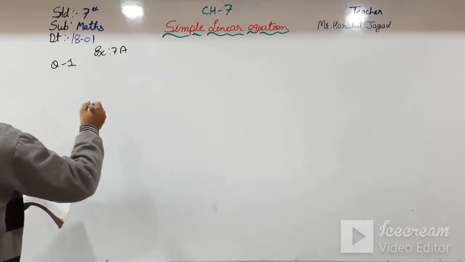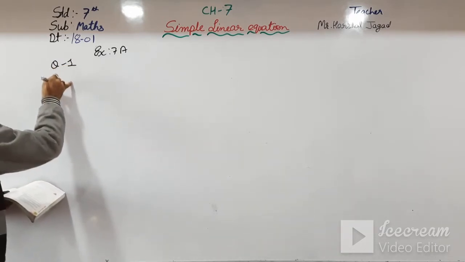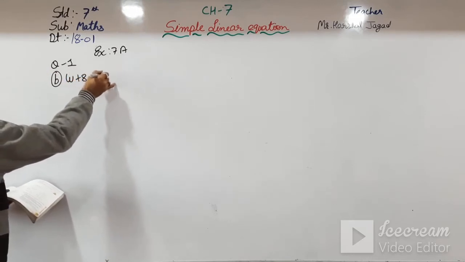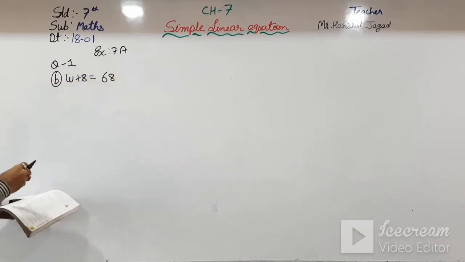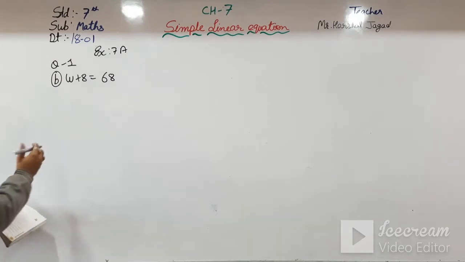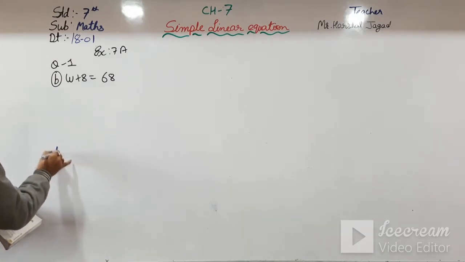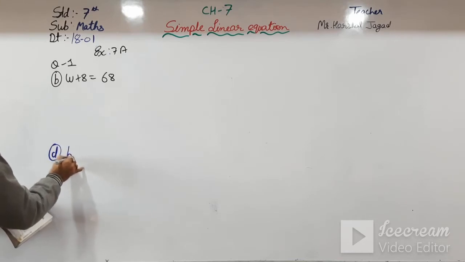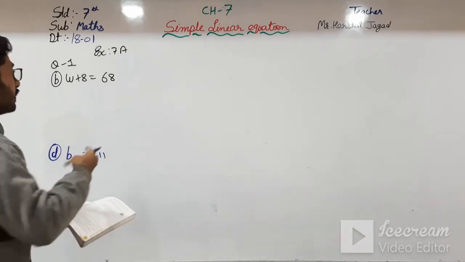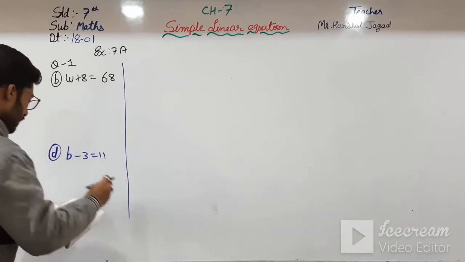From that, first of all, we will do b. W plus 8 is equal to 68. Okay. Another one. That is b minus 3 is equal to 11. Another one.